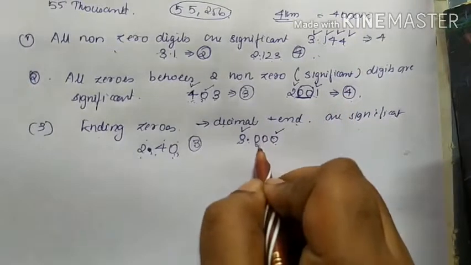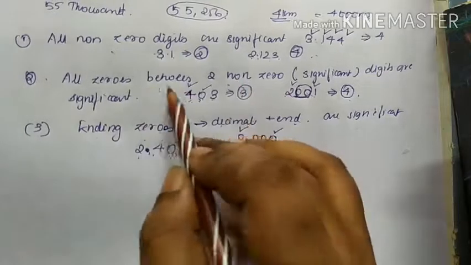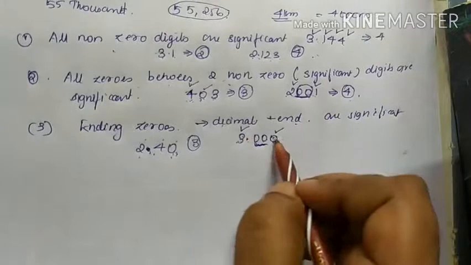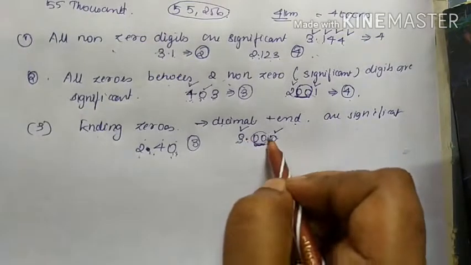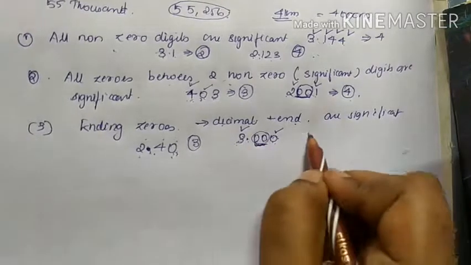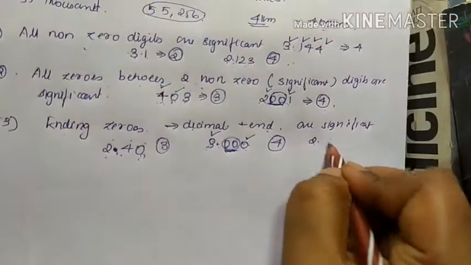Now what about the zeros between? That is according to the second rule: all the zeros between two significant digits are significant. So all the zeros are significant. So how many significant figures are there here? 4. Clear?